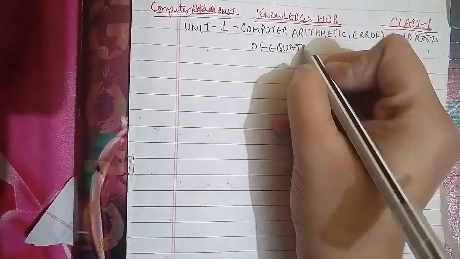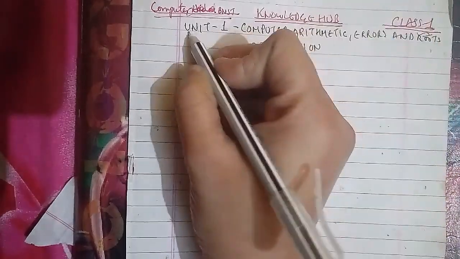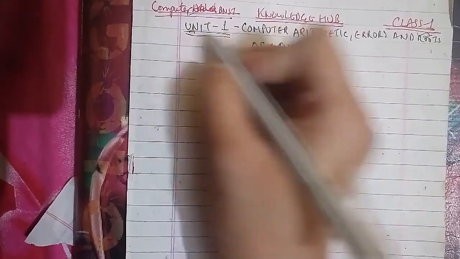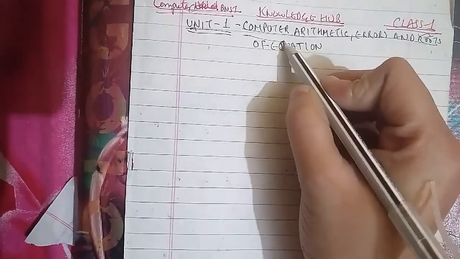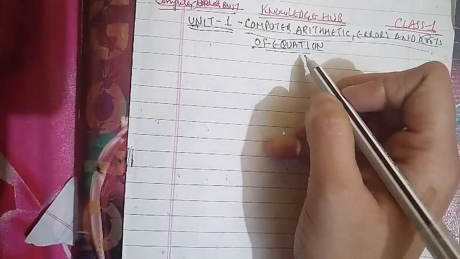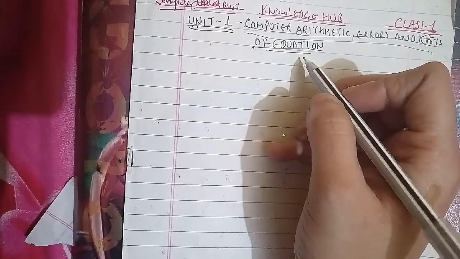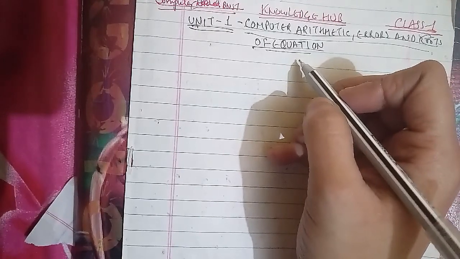This is the name of the unit. So as I told you, the name of the unit is Computer Arithmetic, Errors, and Roots of Equation. In this we will discuss the question answers and solved problems.